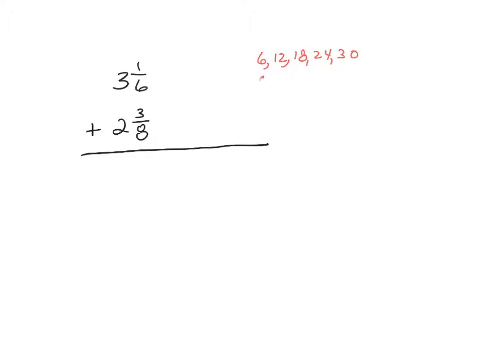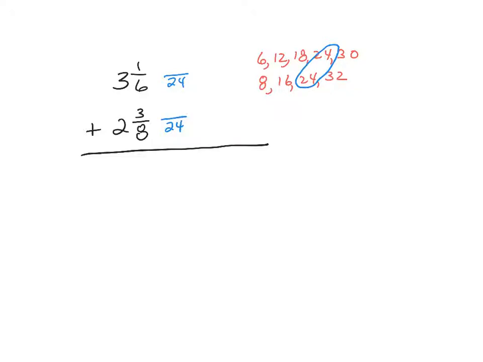And for 8, as I skip count, it's 8, 16, 24, 32. And I see that they do have a common multiple of 24, which is going to become my new denominator for both of these.